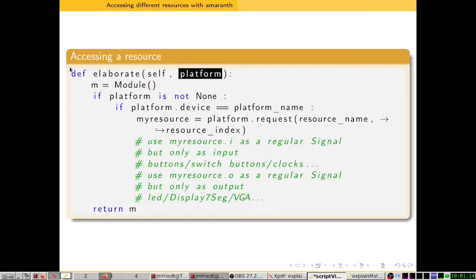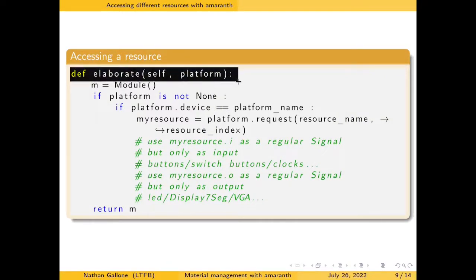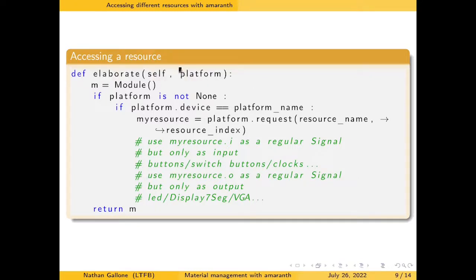So within the elaborate method we describe in every module we are writing with Amaranth, you could have seen that there was a parameter in the previous video called platform, which we never used. Well, that's because we were only working on simulations, but now we are talking about actual material.